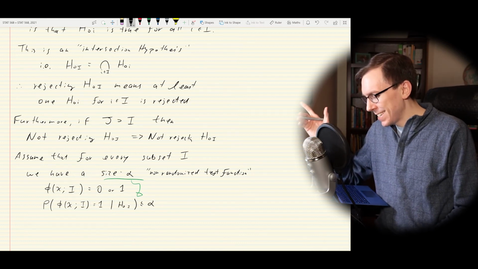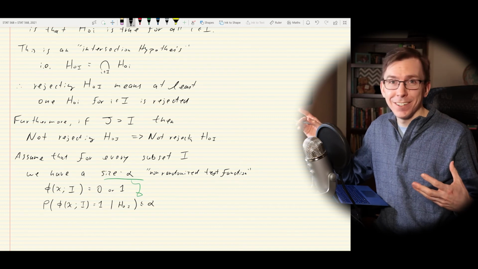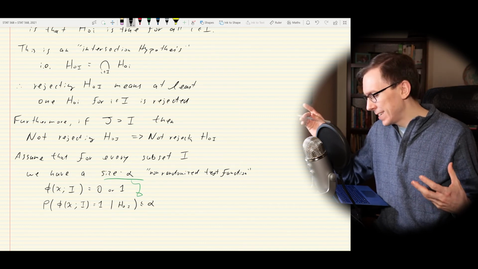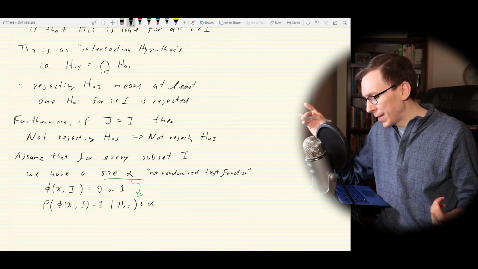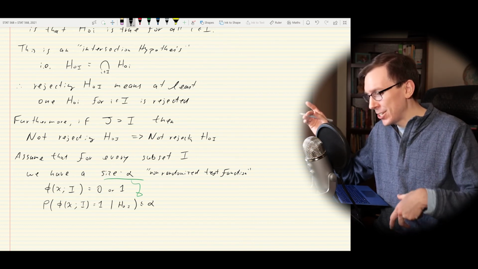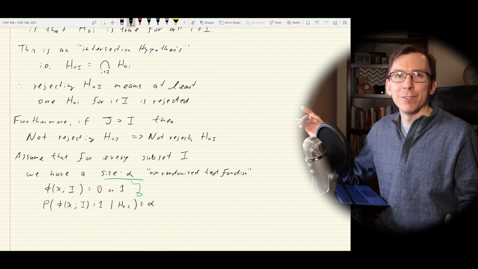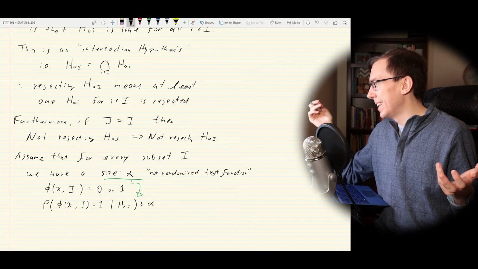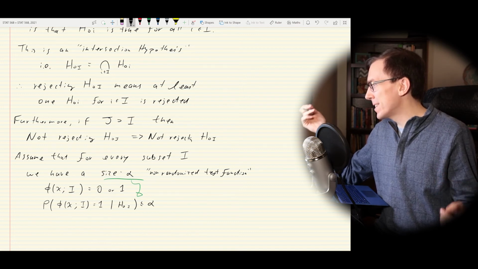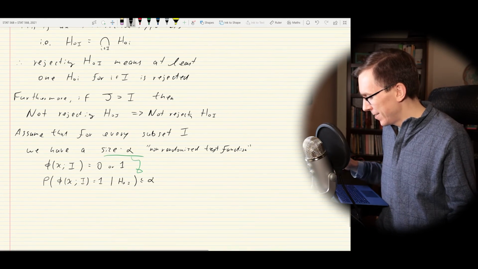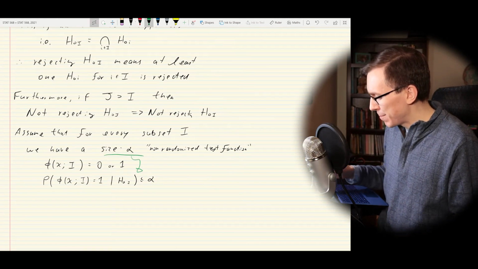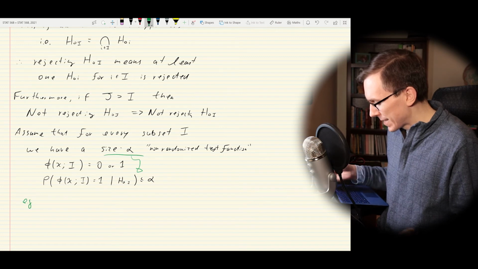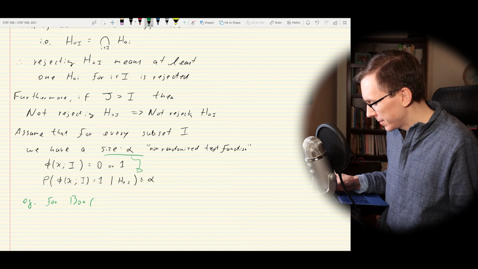If you get a 0, you don't reject. If you get a 1, you do reject. And the probability that I do reject, given that I shouldn't have rejected, is at most alpha. So the assumption is that we have some non-randomized test function.